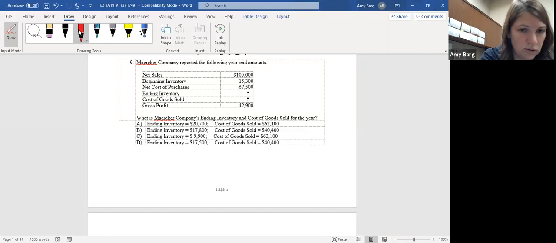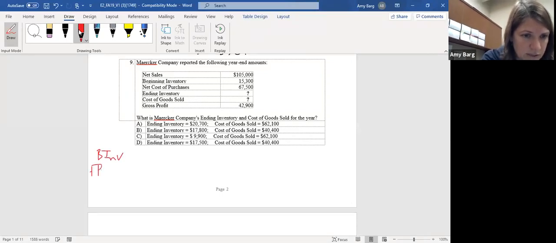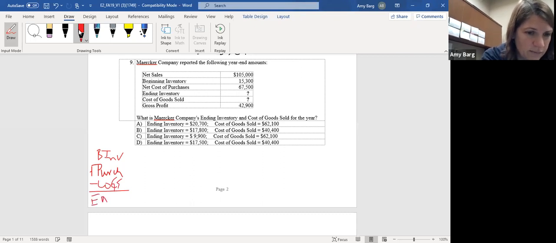Well, we know that ending inventory is beginning inventory plus purchases minus cost of goods sold. Problem is we don't know cost of goods sold. So what do we know that's going to give us cost of goods sold?